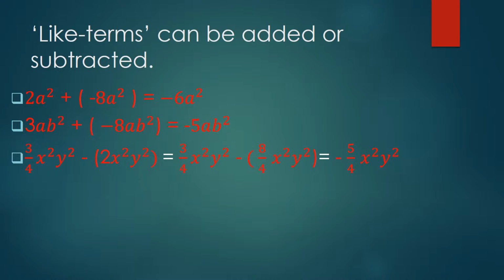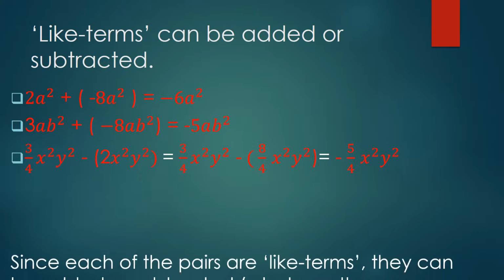So you can convert 2 to 8/4. Now, since the denominators are the same, 3/4 minus 8/4. When you're subtracting fractions, you keep the denominator the same, and you add or subtract the numerators. So 3 minus 8 is negative 5, negative 5/4, and the variables stay the same, x squared y squared.